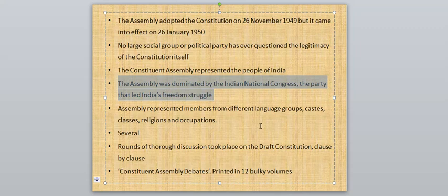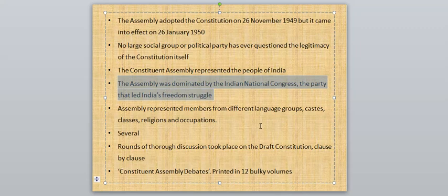But that doesn't mean that only the Congress made that Constitution. Many members who were not with the Congress, like B.R. Ambedkar and Jaipal Singh, were from different parties. They also took part.